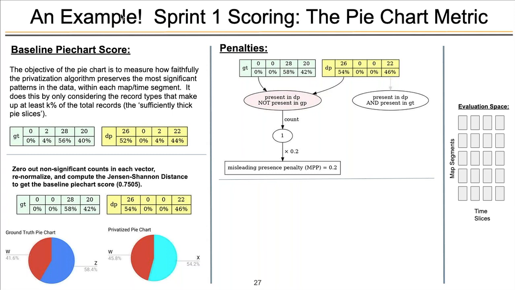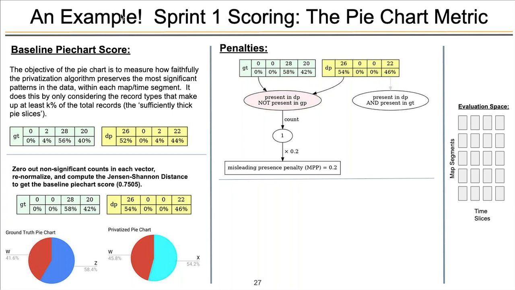Because you'll note that in the ground truth data, we have 2 pie slices, one for W and one for Z. In the privatized data, we've kept the slice of W pretty similar to what it was in the ground truth, but we've introduced an entirely new data slice, X. We made it seem super frequent, and this can happen because in differential privacy, when you add privatization noise, sometimes a record type or a count that is very small in the ground truth becomes very large in the privatized data.